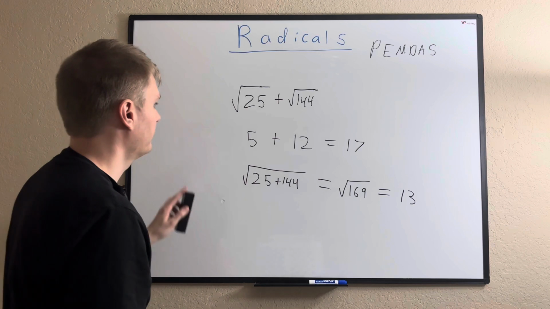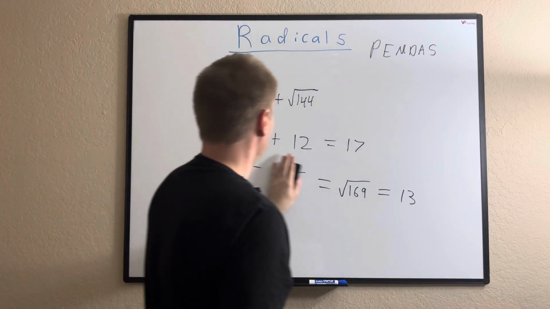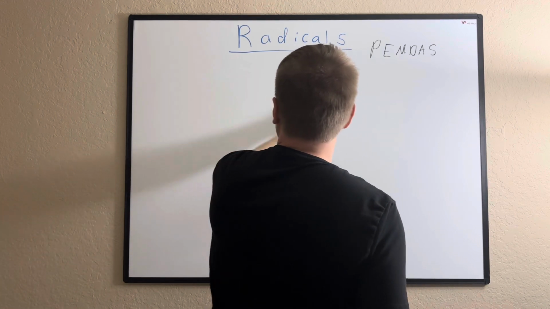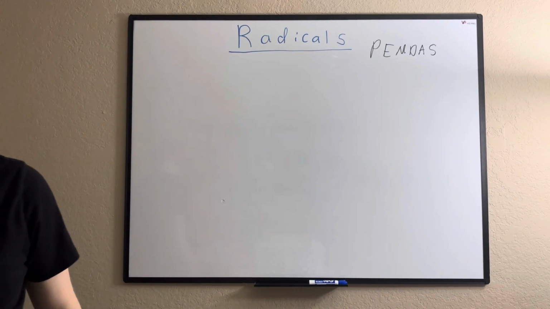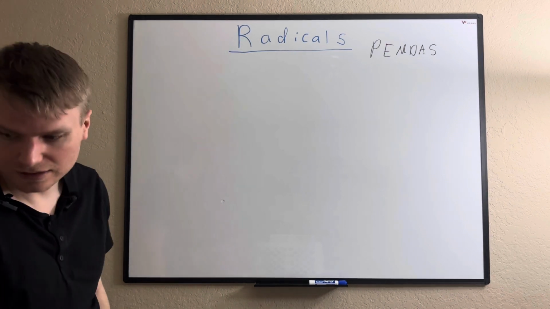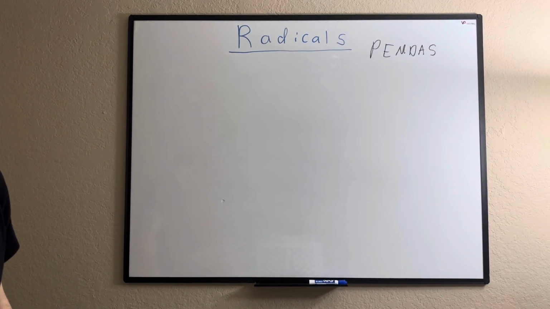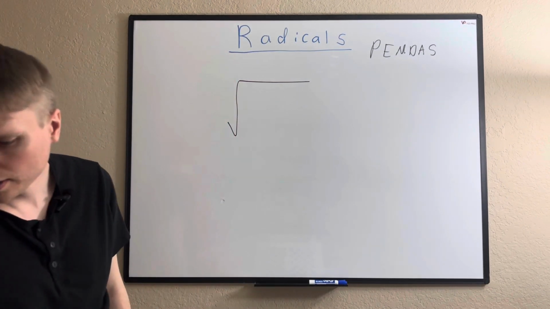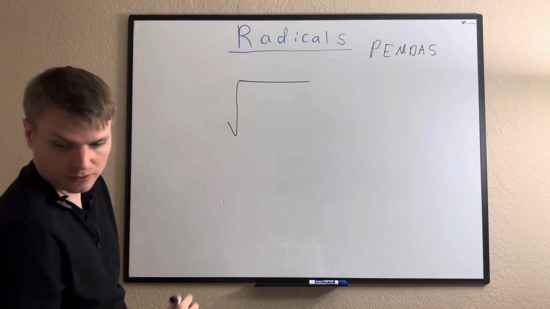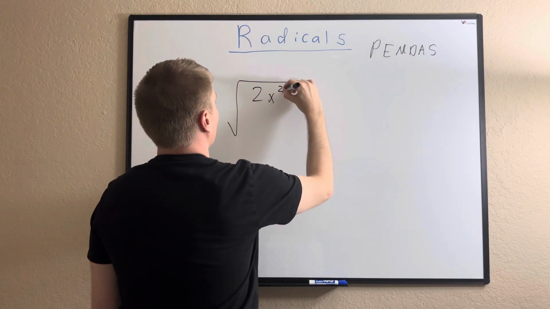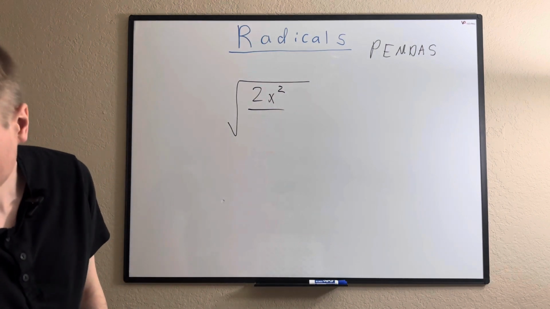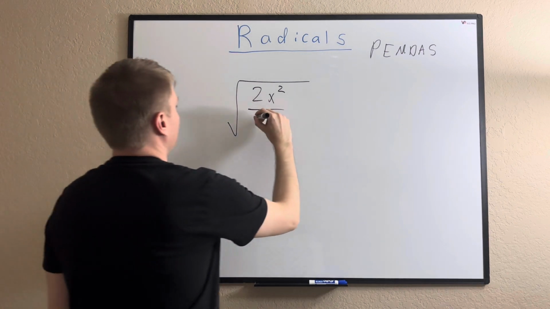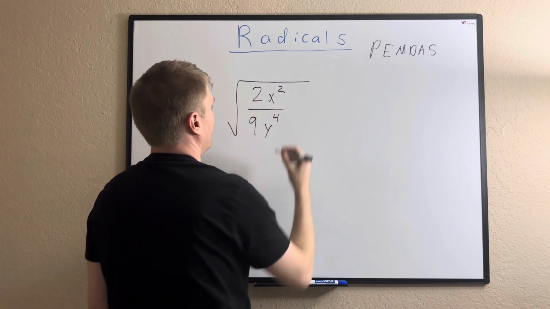All right, now that's addition and you can probably use subtraction now too. So we're gonna skip subtraction. Now let's go straight to multiplication and division all at once. Square root of 2x squared over 9x to the, no, not x, 9y to the 4th.